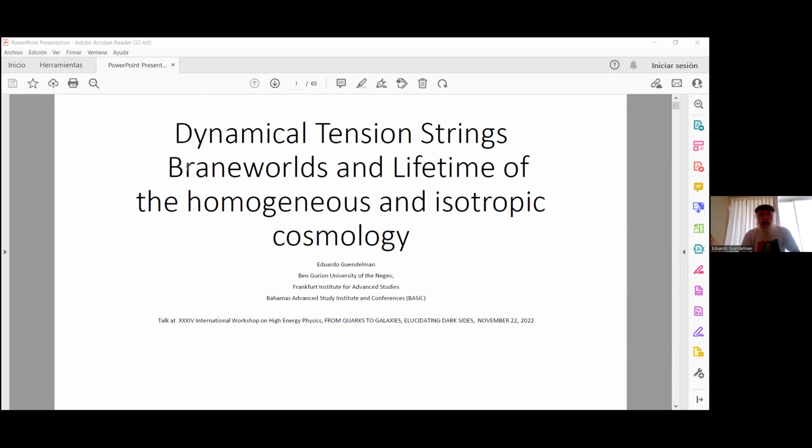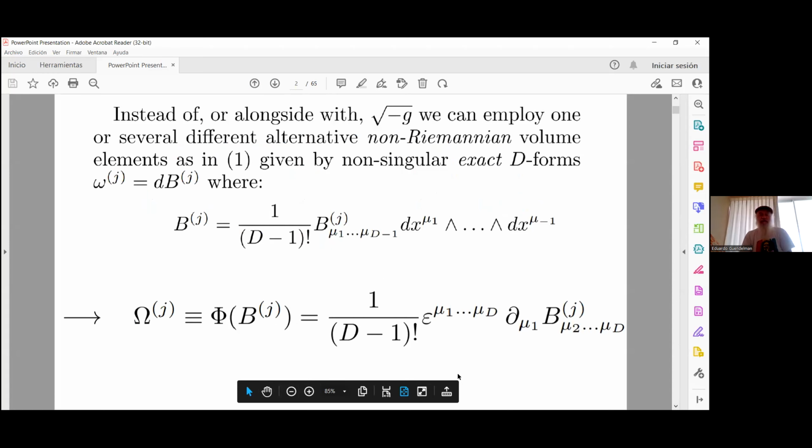Okay, so I'm going to tell you about dynamical tension strings, how it relates to a new way to construct brane walls, and the lifetime of the homogeneous and isotropic cosmology. There's an interesting connection with previous talks, for example, unimodular theory, which plays with the square root of minus g.